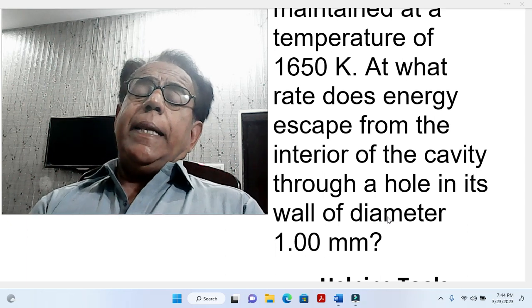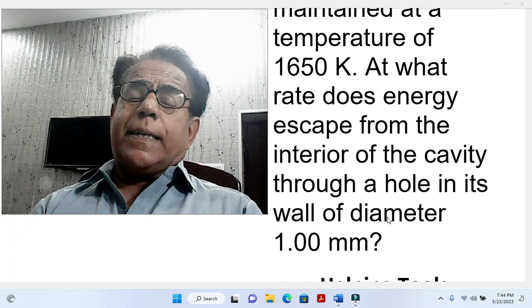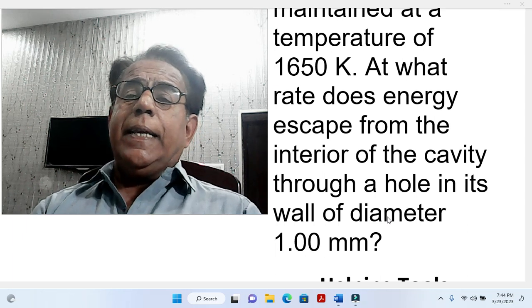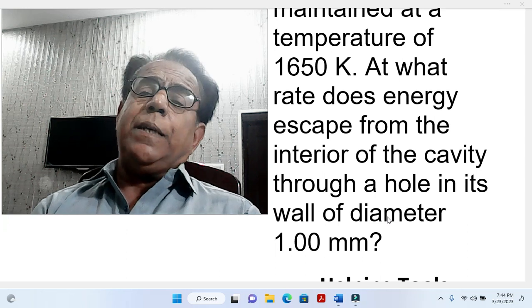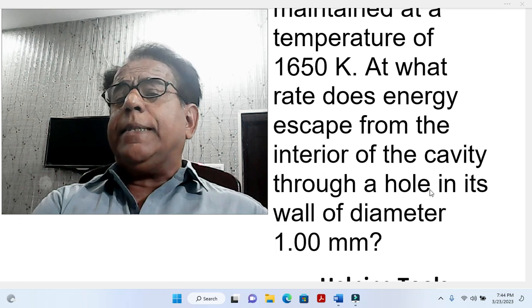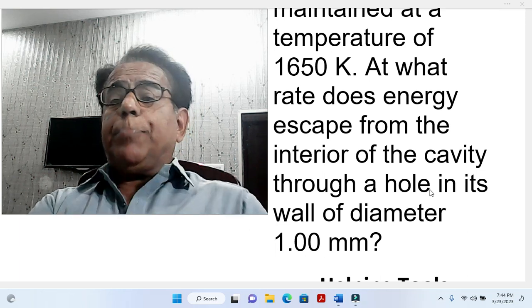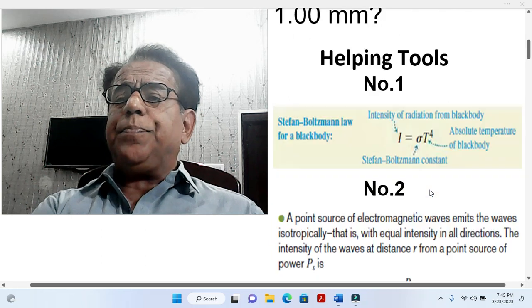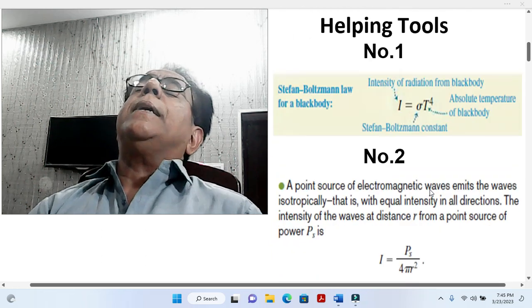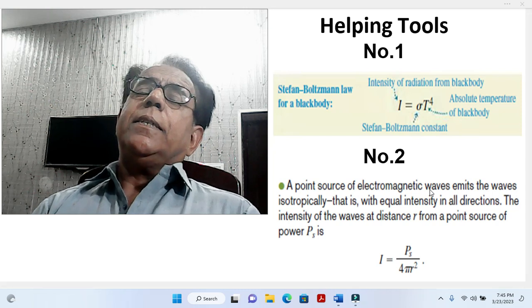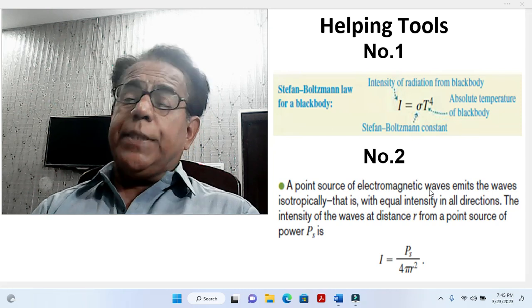For example, area of a circle is pi r square, while area of a sphere is 4 pi r square. So we will also discuss this. Anyhow, first we come to its helping tools. These tools will make a clear guideline for us to be adopted to reach its final solution.